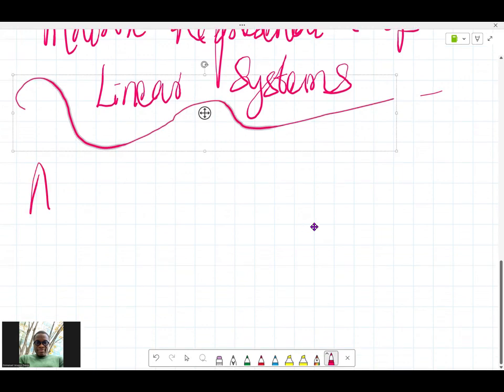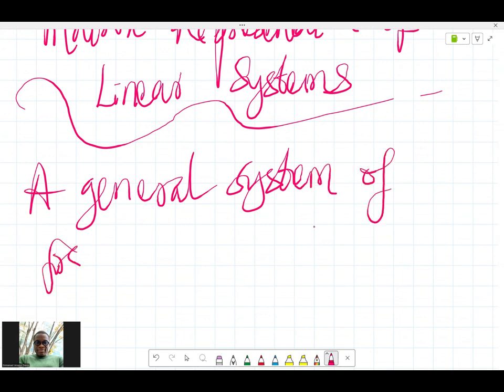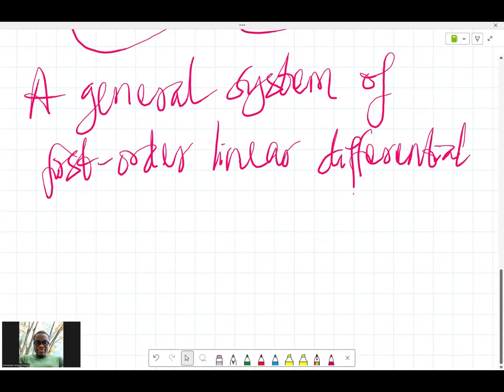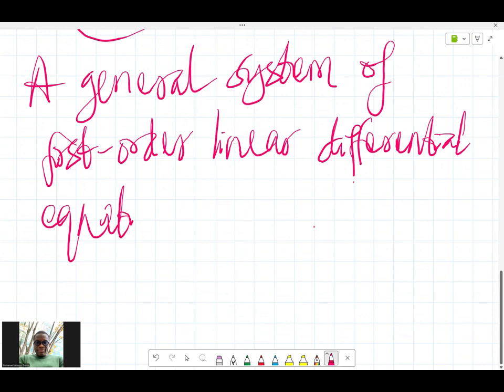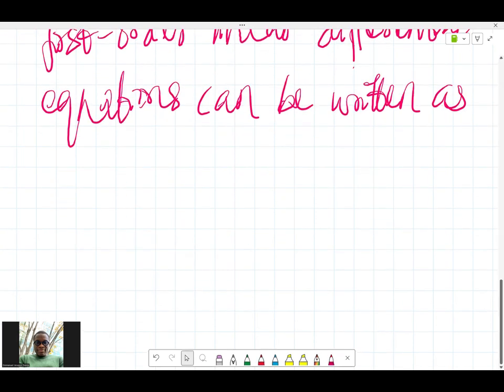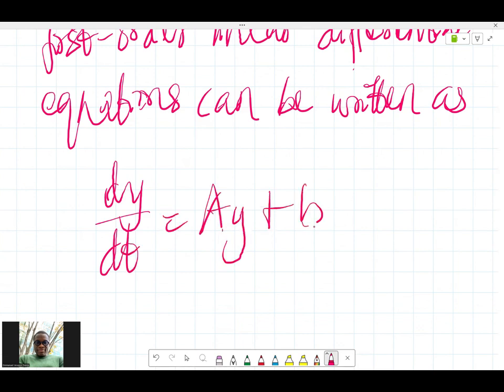So, a general system of first order linear differential equations can be written as dy/dt equals Ay plus b. So you can see the dependent variable is y.